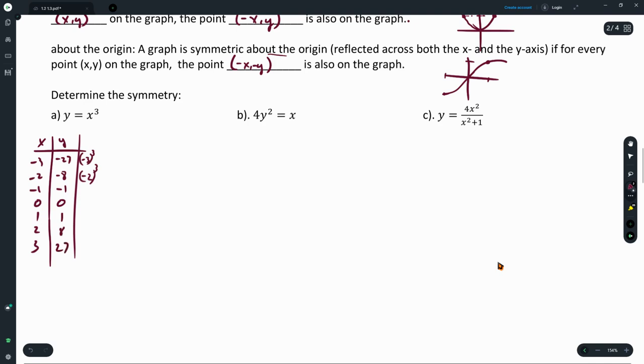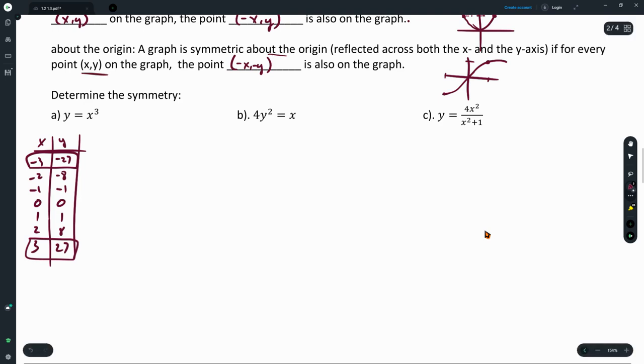Okay, now that you have your values, you have to decide what kind of symmetry you have, or whether you have any kind of symmetry at all. Look at these values here. The first one is -3, -27. When I change the sign of x, the sign of y also changes, so x and y become -x, -y.